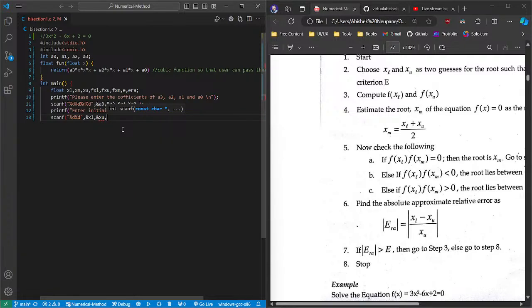And our next will be our error. Let's specify the error here, with an ampersand, as this is the reference for the input. Okay, now all input is complete.